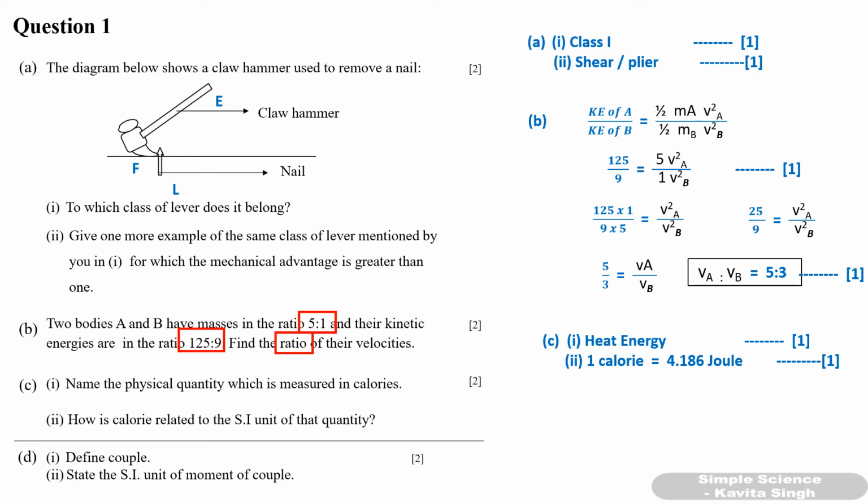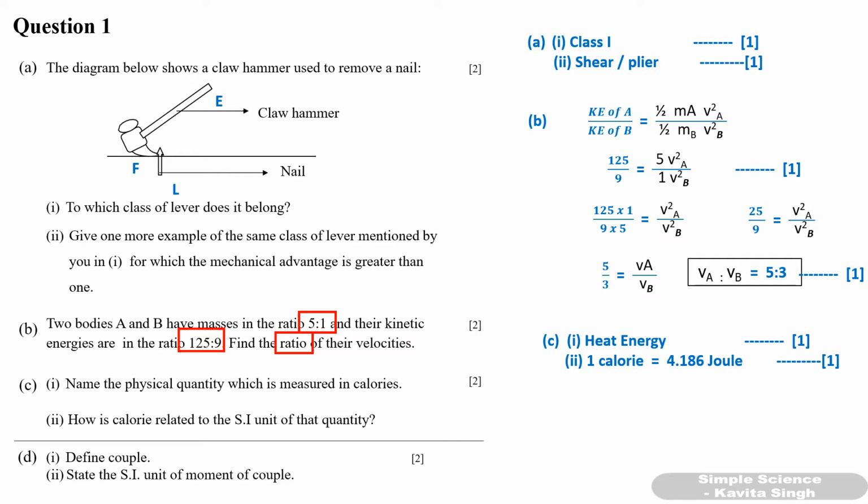Energy has unit electron volt also, but electron volt does not measure heat energy. Calorie measures specifically heat energy, so write heat energy. For this part 1 mark, and the relation 1 calorie is equal to 4.186 joule, 1 more mark. You can write 4.2 also, but be specific.